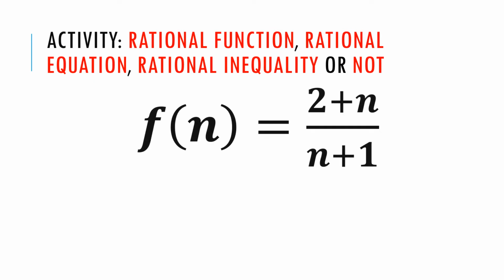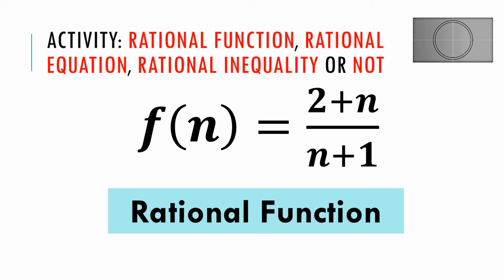Next, we have f of n equals 2 plus n all over n plus 1. 5 seconds to answer. Time's up. And the answer is, it's a rational function. Why?